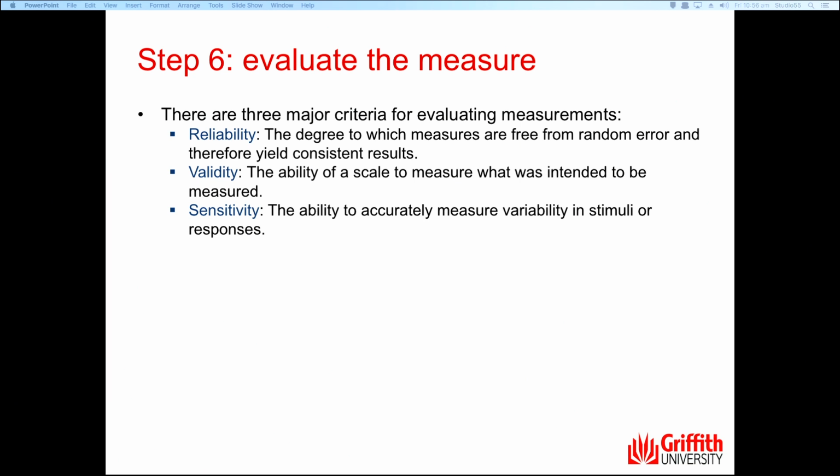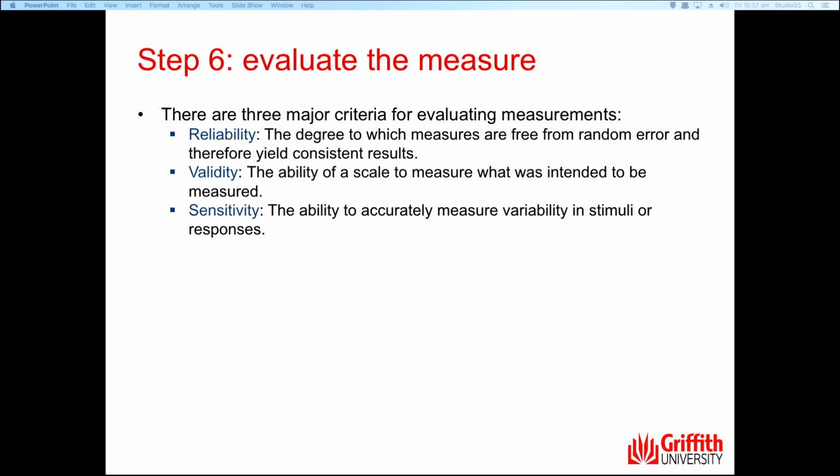Once you have gone through all the stages, now you evaluate the measure. There are three major criteria for evaluating a measurement. First, look at reliability. This is the degree to which measures are free from random error and therefore yield consistent results.